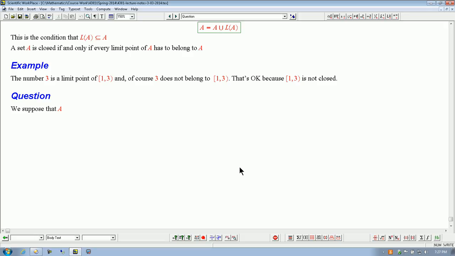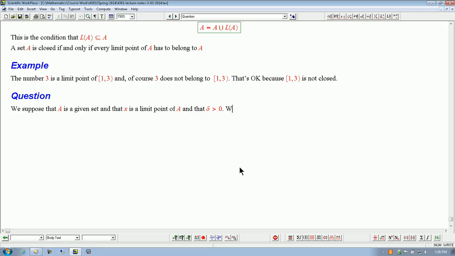Okay? We suppose that A is a given set and that x is a limit point of A and that delta is greater than 0. I haven't asked my question yet.